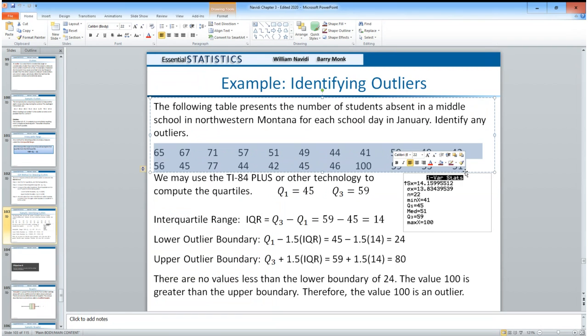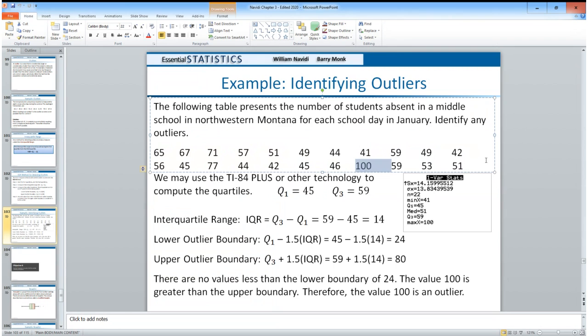But we can go through here and you can easily see that on one of these days, there was a 100. And remember, this is a number of school children absent. All right. So that one is definitely greater than 80. So this would be considered an outlier.